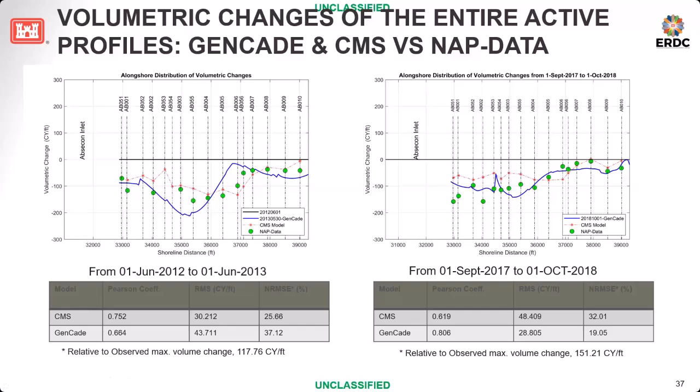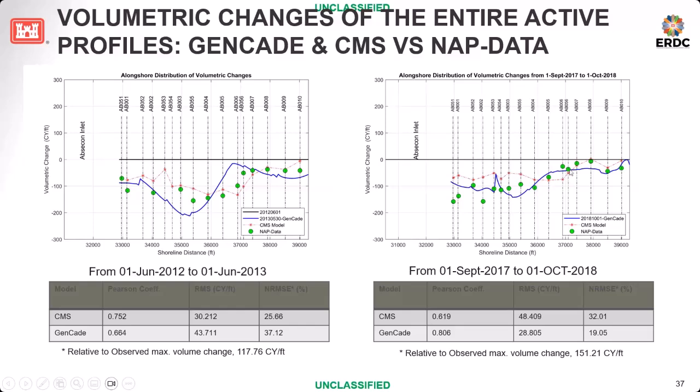But this can tell us GenCade not only can provide estimation of shoreline change, but also can have a good estimation about volume change if your equilibrium assumption stands during the period. However, if you check the period of 2017 to 2018, this is a low wave energy period, so the sediment volume estimated by GenCade and CMS are both pretty close.